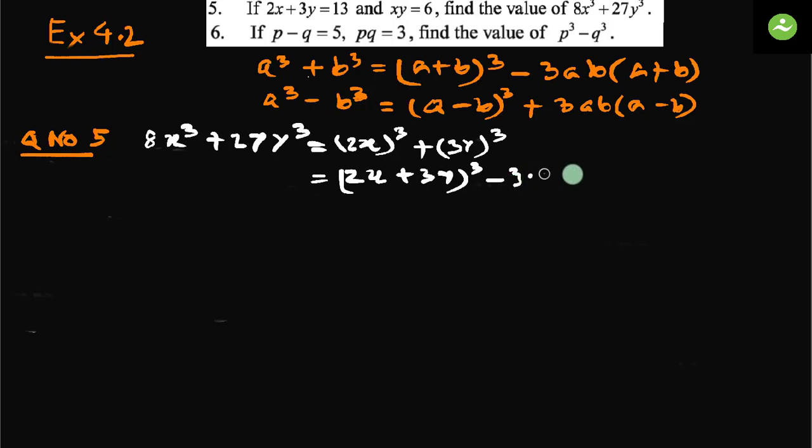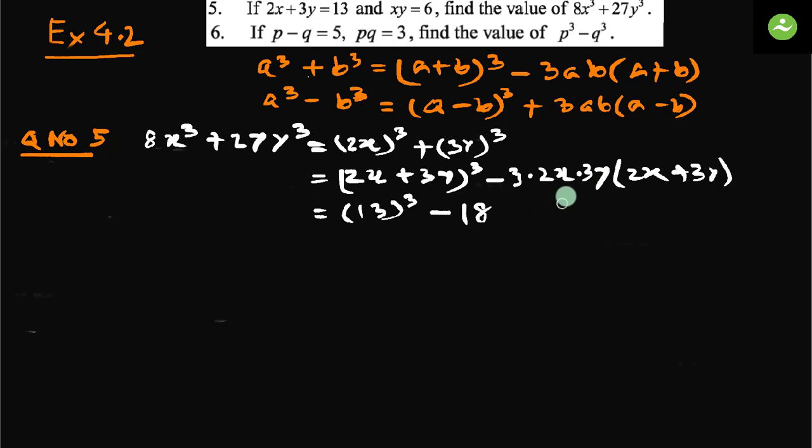Here a means 2x, b means 3y, and a plus b means 2x plus 3y, which equals, let us put the value, 13. So 13 cube minus 3 into 2 into 3 means 18. 18 times xy means 6. 18 into 6 into 2x plus 3y means 13.